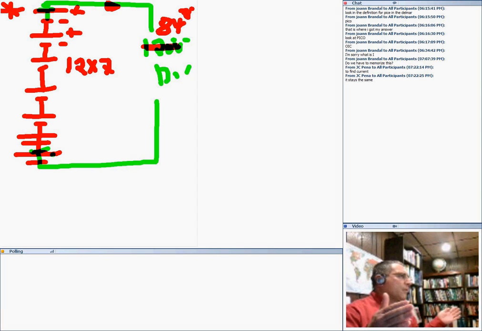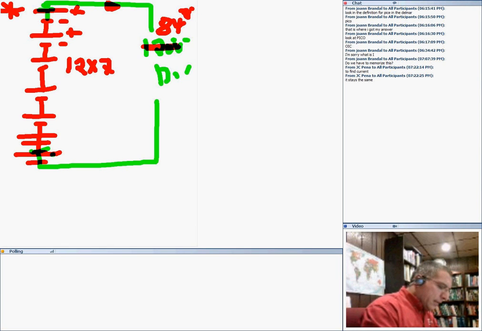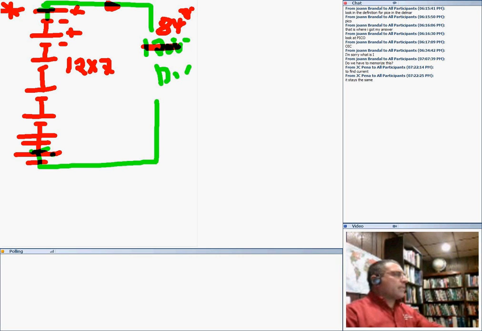To get 9, you need 6 of them, since 6 times 1.5 equals 9. So you need 6 1.5 volt batteries to get a 9 volt system. Okay, so that's one application for a DC circuit.